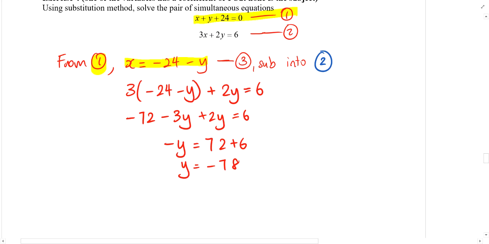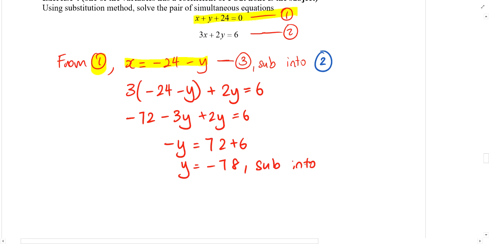Am I right? Okay, then what about x? Substitute this into which equation? Equation 1 can work, 3 also can work, 2 also can work.